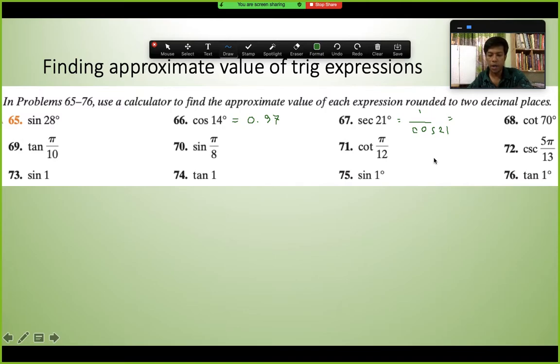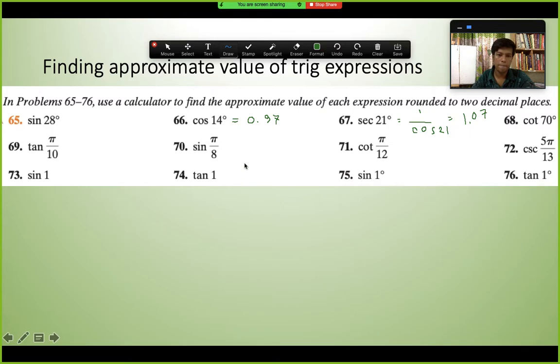Then you will write 1 divided by the answer, which equals 1.07. So let's write 1.07.